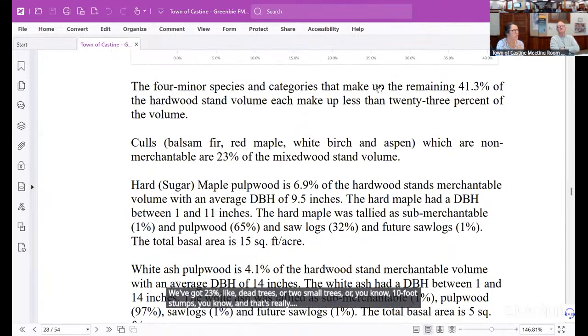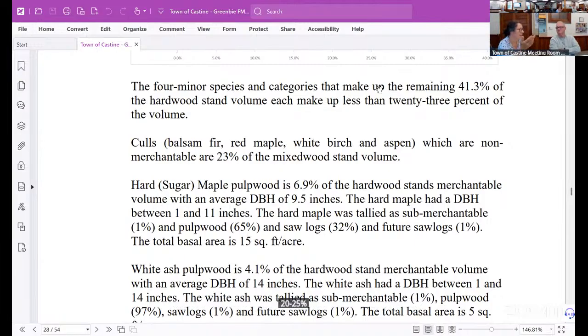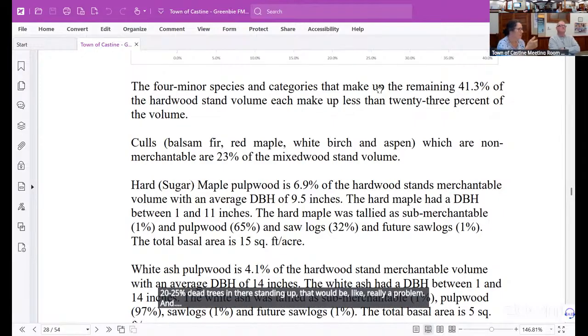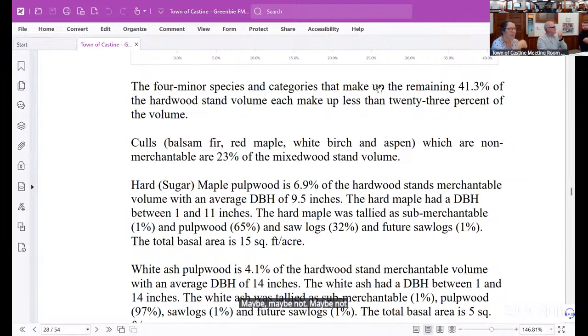It's more interesting to know from a fire perspective. If we had 25% dead trees standing up, that would really be a problem. Maybe not.